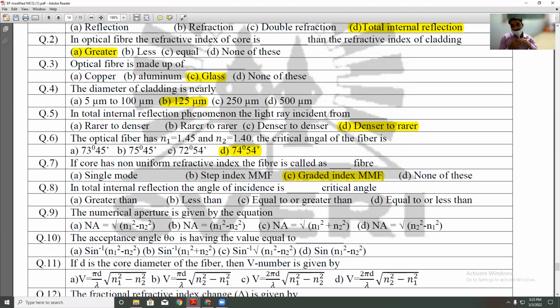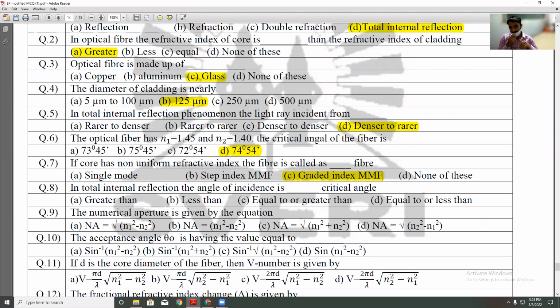How equal to? If equal to, then theta 2 is equal to 90 degree, and this is the limiting condition for the refraction. Then how can we say equal to?